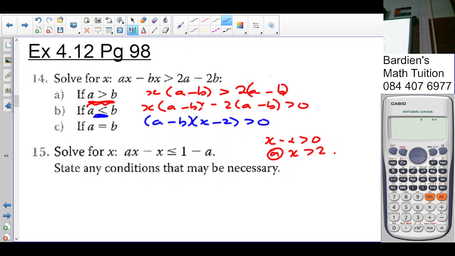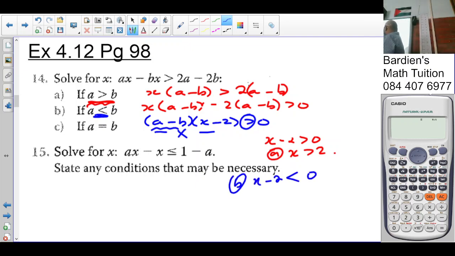If a is less than b, that means b is greater than a. So a small number, which is a, minus a bigger number will always be negative. Greater than 0 means positive, so a negative multiplied by what is positive? Negative. So this x minus 2 has to be negative.